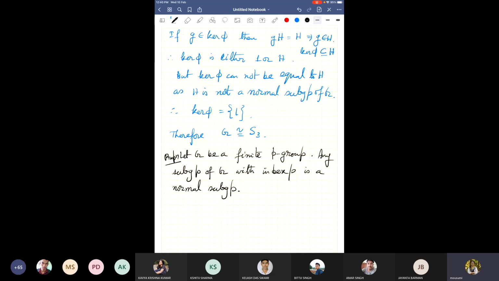But if your group is a finite P group, in that case, if you consider a subgroup with index P, then it will be a normal subgroup. Okay, so it gives you the criteria for how you can have normal subgroups in a P group. Okay, so we will prove this using the same group action.